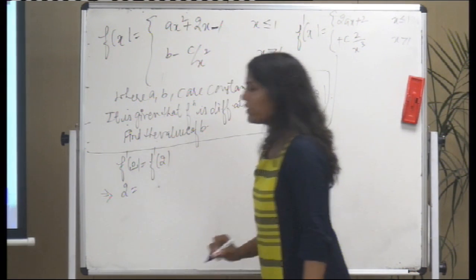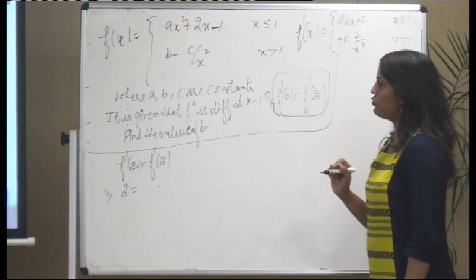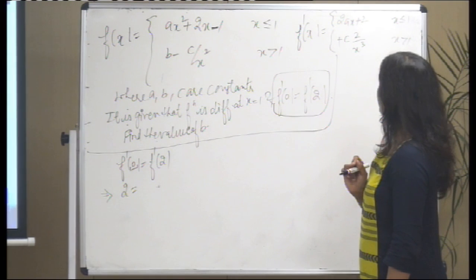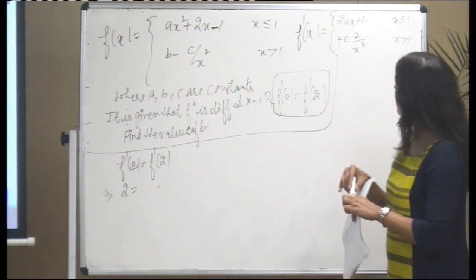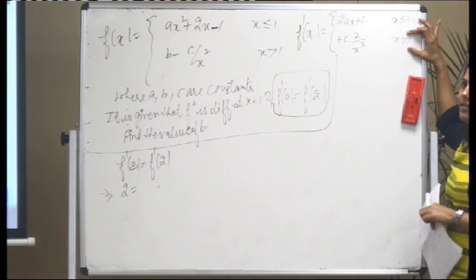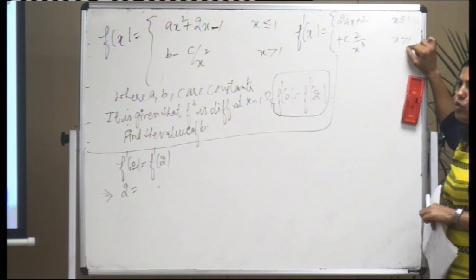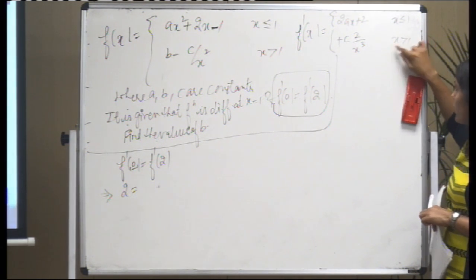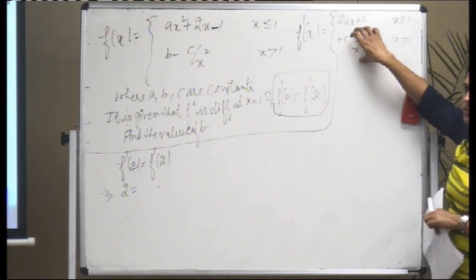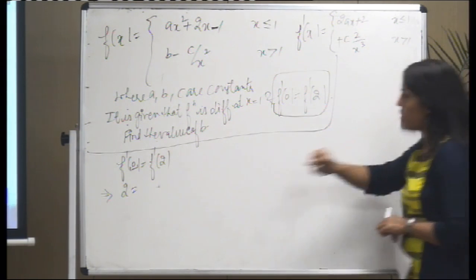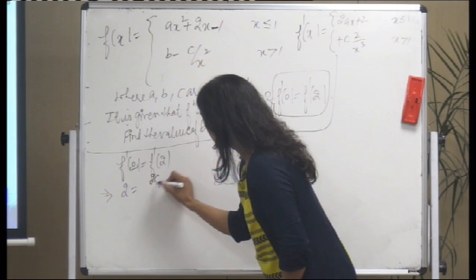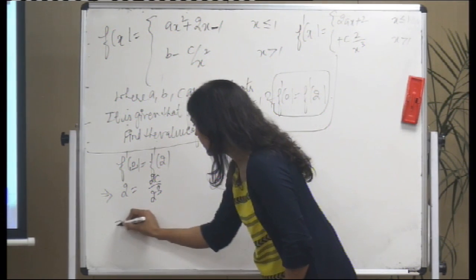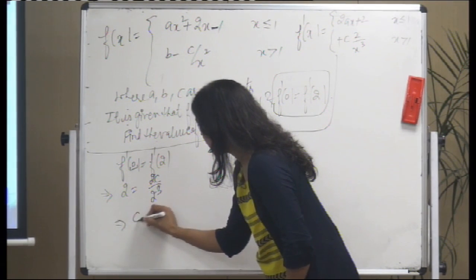f'(2), who will answer? 4a. Please take care of the points. For x greater than 1 this is the derivative, and 2 is greater than 1, so the derivative will be 2c by 2³. So the value of c is 8.